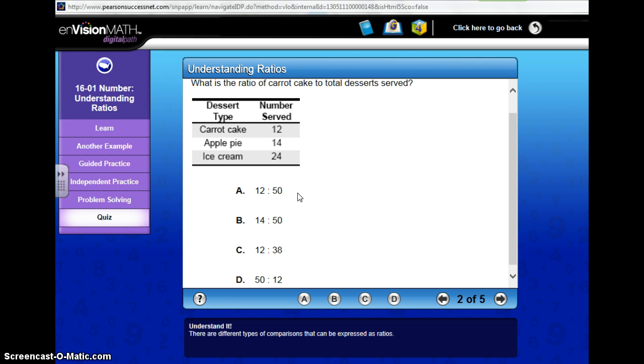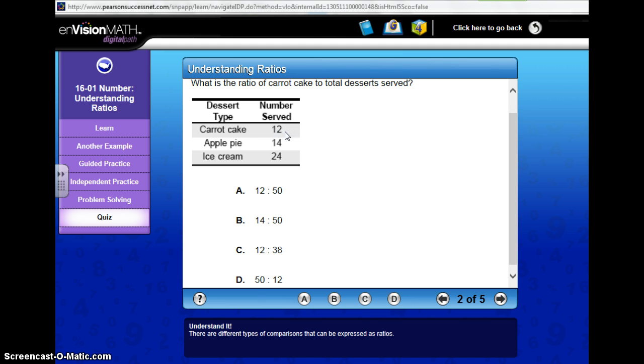Now, the question is, which one is it? Alan says it's A. How did you get 50, Alan? You add them all up, all of these right here.